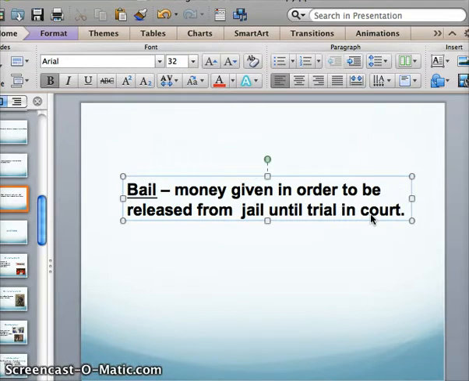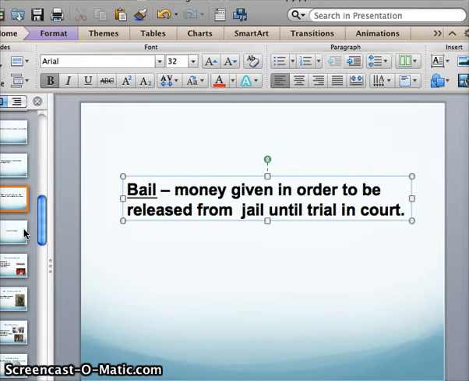Sometimes court cases don't come up for months or years after the person was arrested. A bail allows somebody to wait for their trial outside of jail, because staying in jail for many years until the court case would be unfair, especially if you were found not guilty.